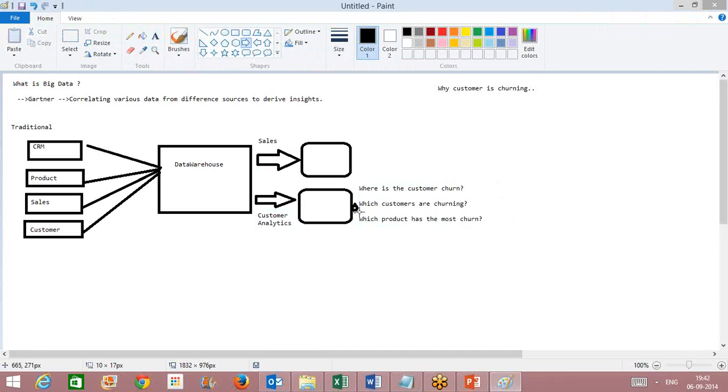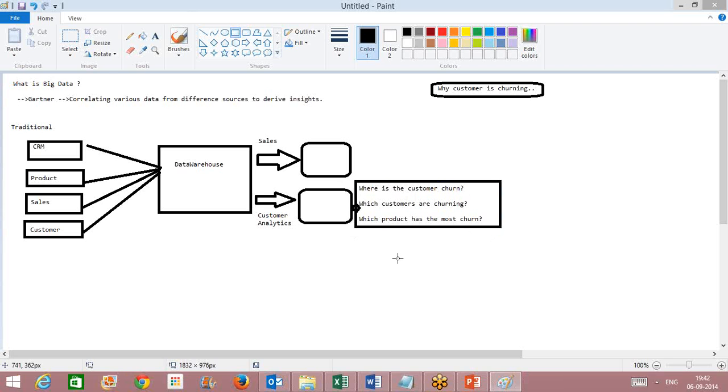But their problem is not this. They want to understand why the customer is churning. The problem is why the customer is churning, and none of this will give you that, because this is all information about data which is more transactional or structured oriented data, and none of them give the why part of it.